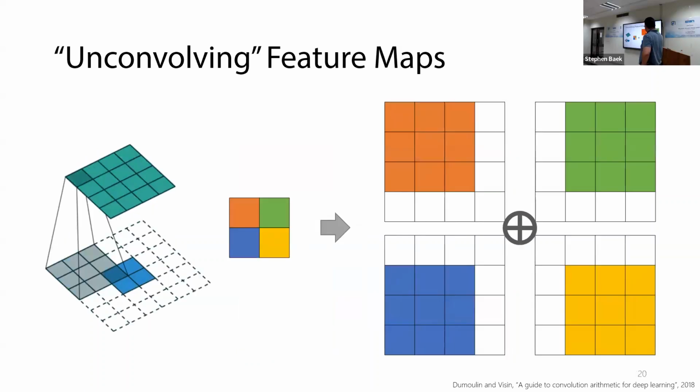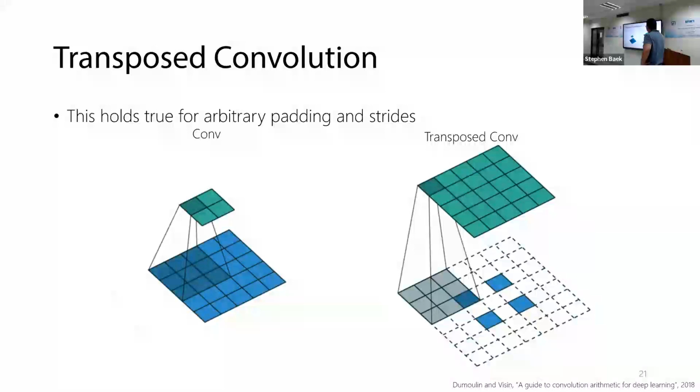So when we go backward, we're basically redistributing this value to this 3 by 3 area, and then also redistributing this value onto this 3 by 3 area, and so on. And then at the end, you just add the 4 by 4 images together, and you'll get the unconvolved or upconvolved set of features.